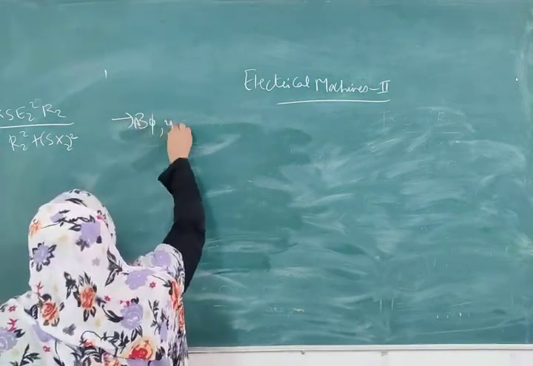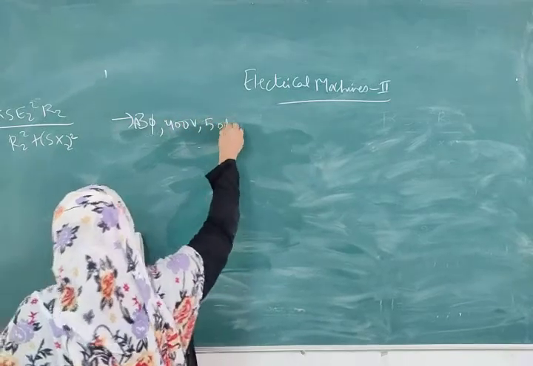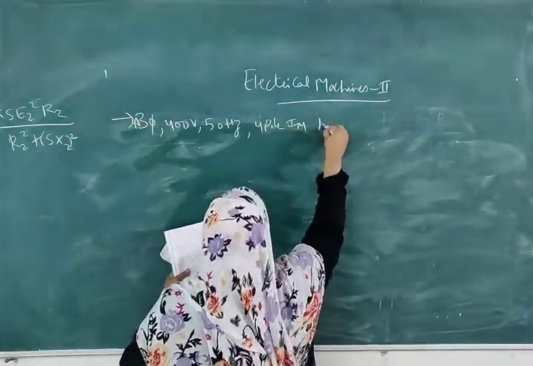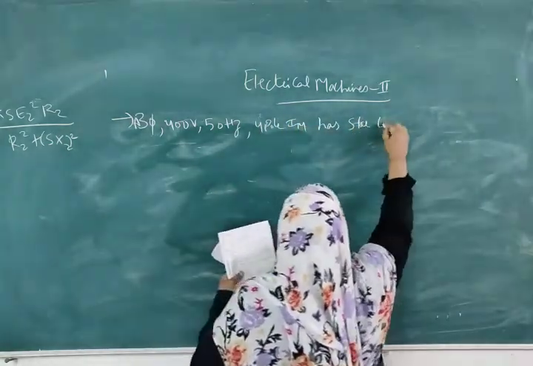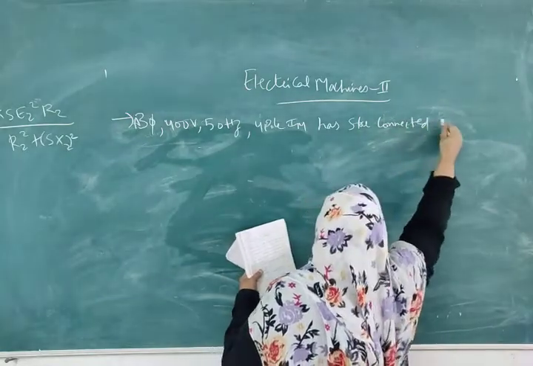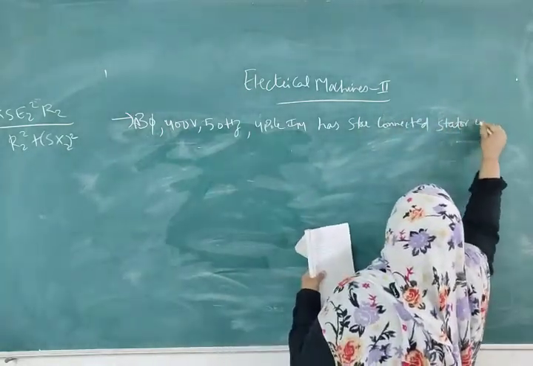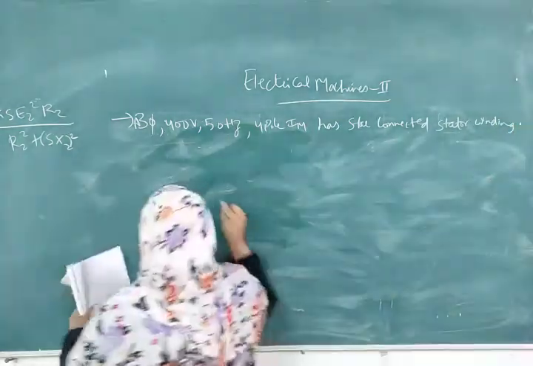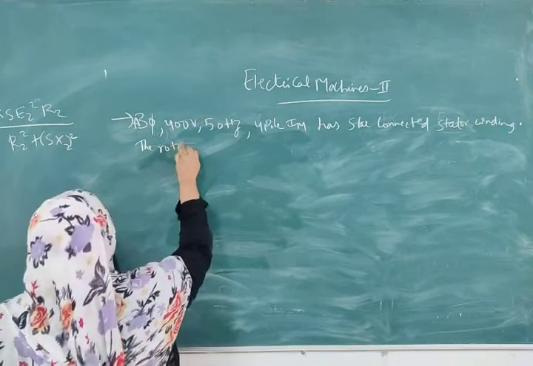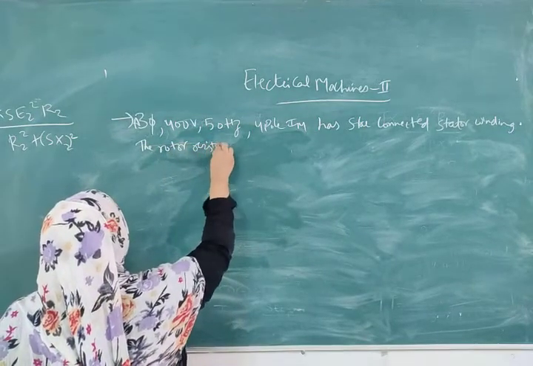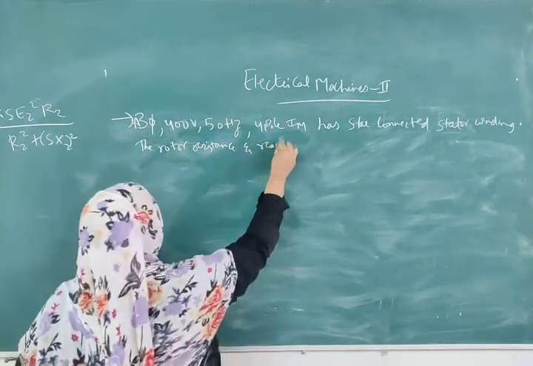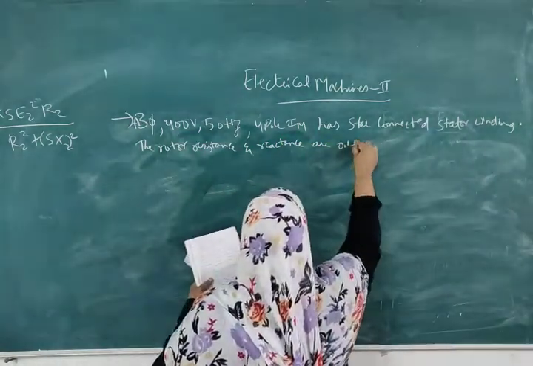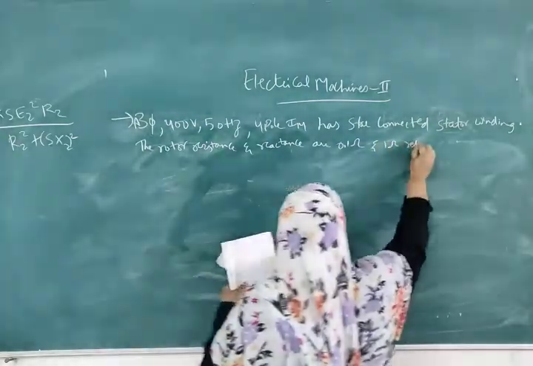A 3-phase 400 volts 50 hertz 4-pole induction motor has star connected stator winding. The rotor resistance and reactance are 0.1 ohms and 1 ohms respectively.